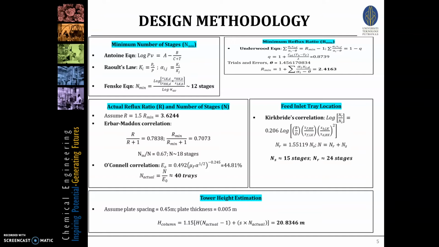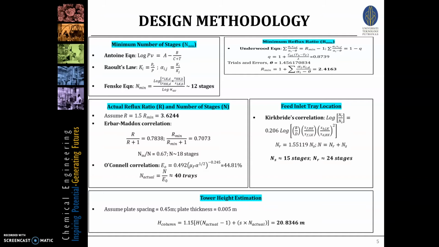Through the use of the Erbar-Maddox correlation, the distillation column is determined to be 18 stages. By considering the tray efficiency using the O'Connell correlation, the actual number of trays is determined to be 40 trays.